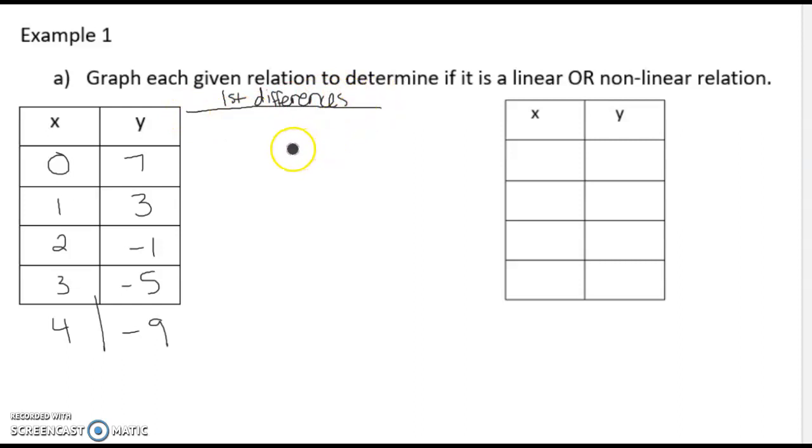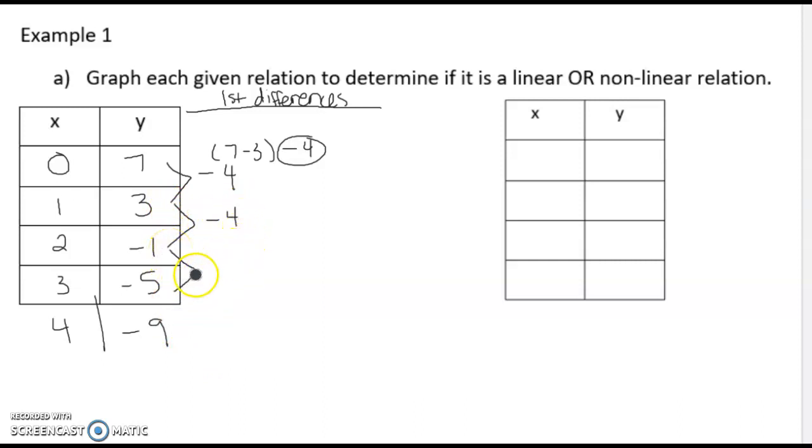Okay, so to do the first differences, we look at the 7 and the 3, and to go from 7 to 3, we had to take away 4. Now to go from 3 to -1, if you were to think of a number line, we had to go down by 4.